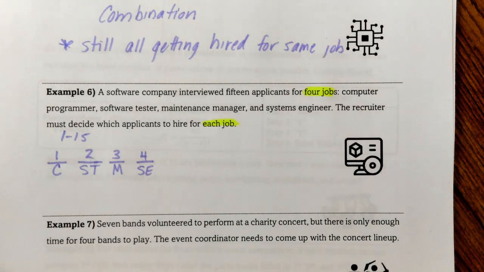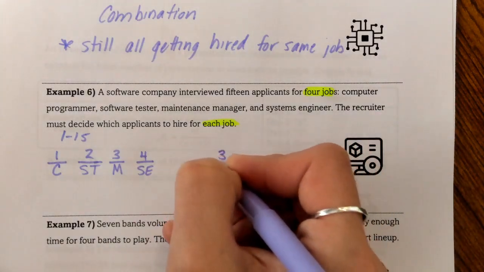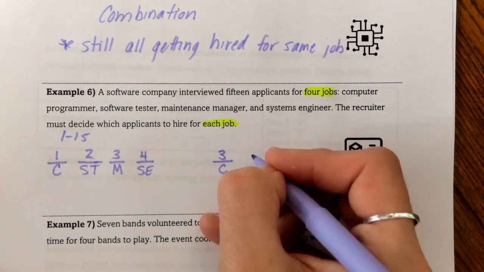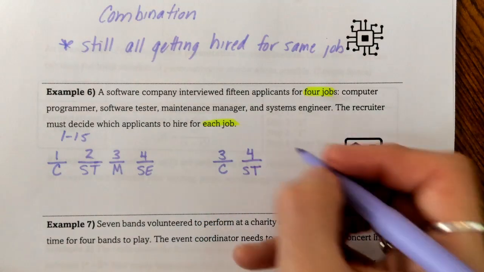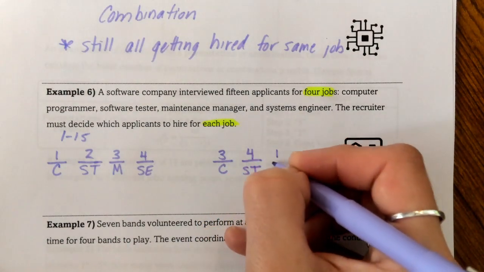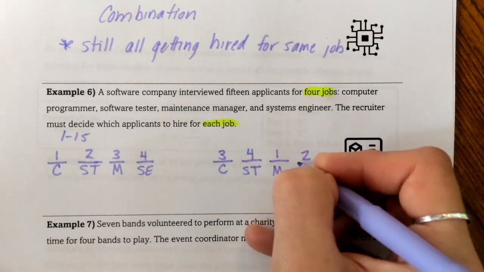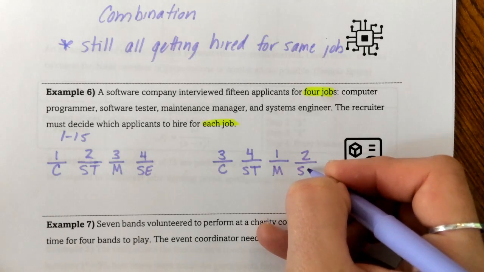Now, let's say that we decide the third person is going to be the computer programmer. And let's say that the fourth person is going to get the software tester. And the first person that they choose is going to get the maintenance manager. And the second they choose is going to get the systems engineer.